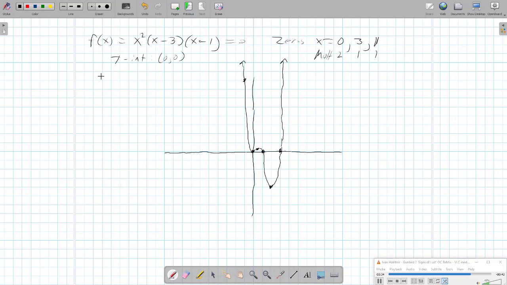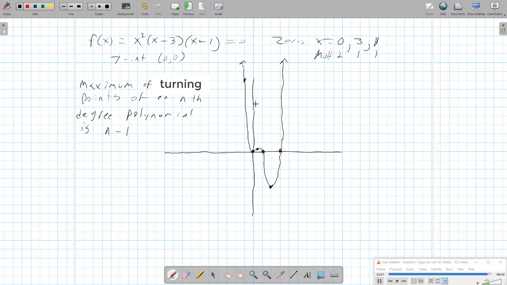The last thing it might ask you to do is it might ask what's the maximum number of turning points. I'll just make a note on this problem about it. Maximum number of turning points of an nth degree polynomial is n minus 1.